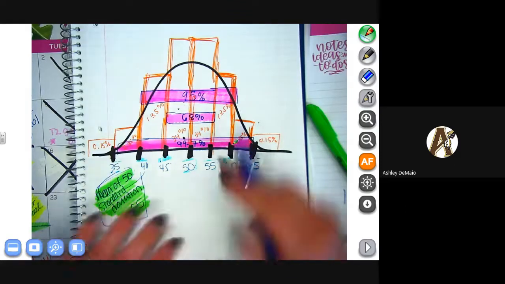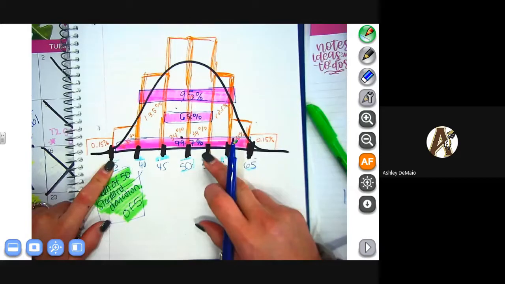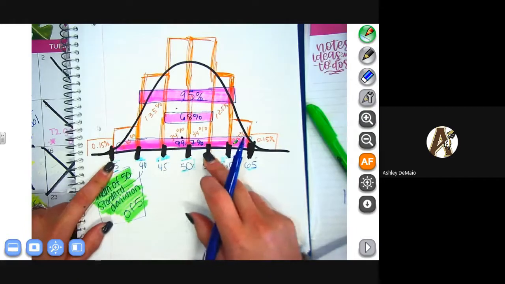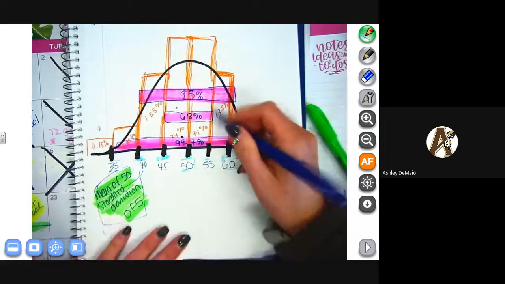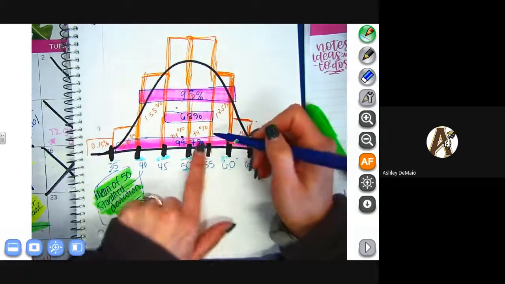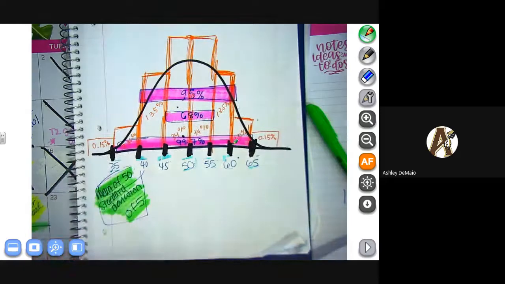B says about 2/3 of the data is less than 55. So let's look at 55. That's not true either, because if you look at less than 55, we would have 34, 34, 13.5, 2.35, and 0.15.